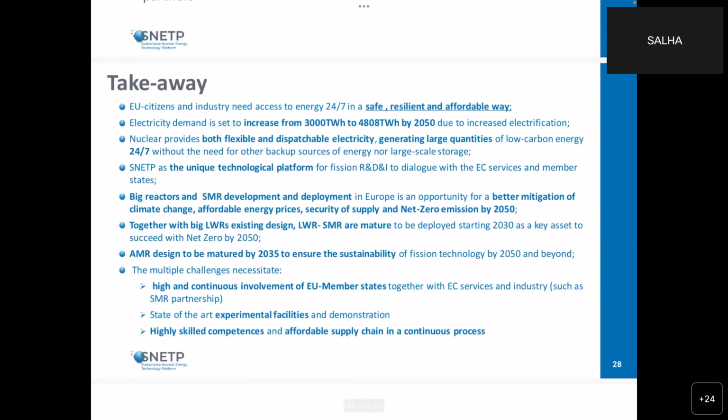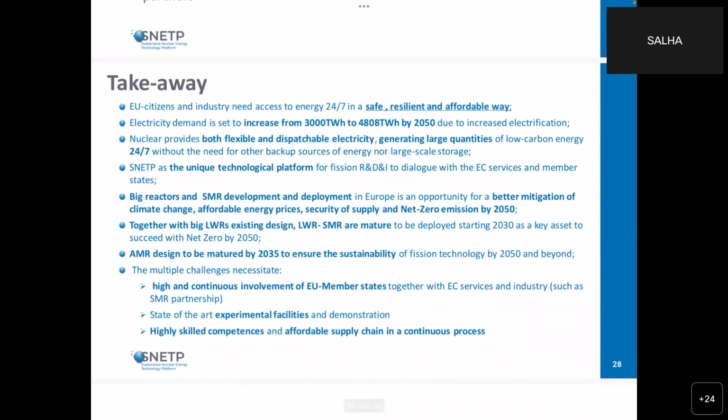The second idea is that according to all the analyses, the electricity demand is really going to increase in a very, very significant way. And why? Because electrification is in fact a way to decarbonize through renewable generation and through nuclear generation.